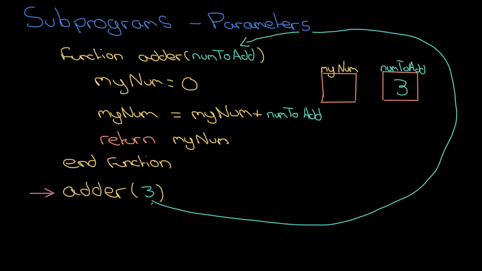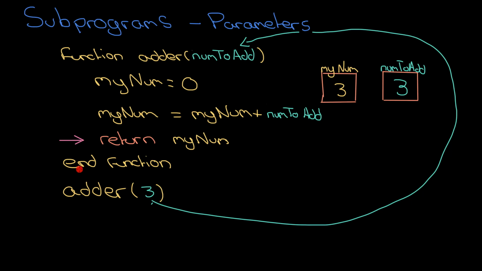Then we go to the next line of code, where mynum equals 0. So we set mynum to 0 again. Then we run through our program. Here we've got mynum equals mynum plus num2add, so that's 0 plus 3. So mynum now has the value 3 in it. And again, I'm going to return that value from the function. We'll worry about returning later. So that's how that whole process works.